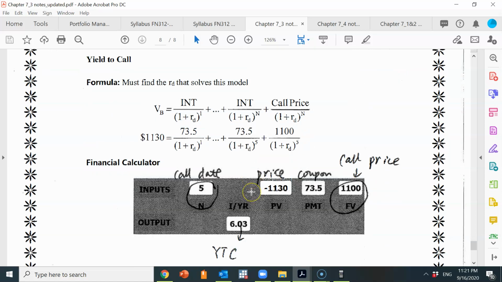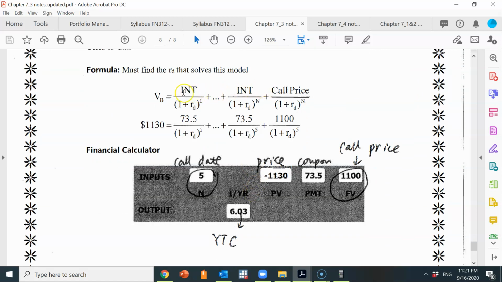If we're looking for yield to call instead, we have the same coupon payments, but only for 5 years. And we discount the call price instead of par value for the 5th year. We have the same bond price, but we discount 5 coupon payments and the last call price.